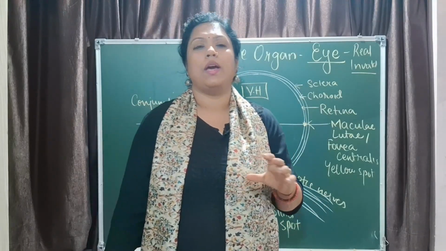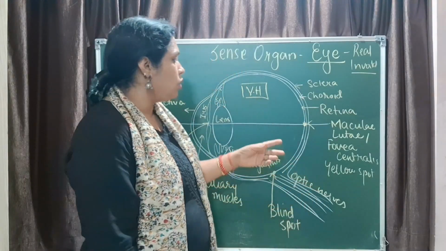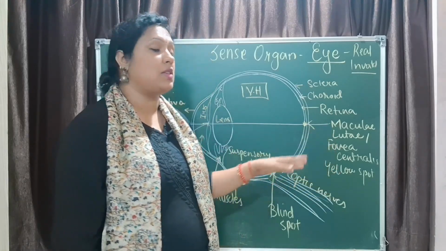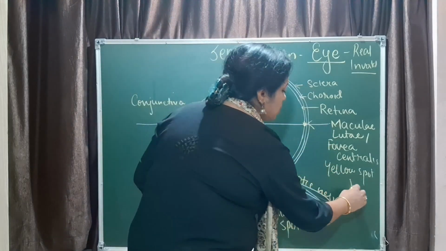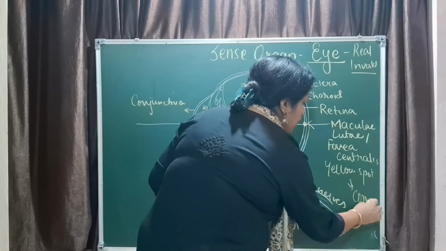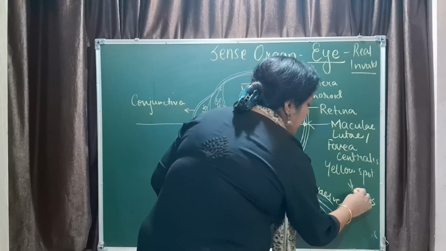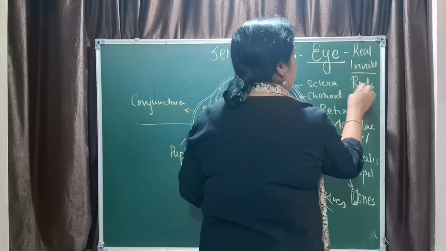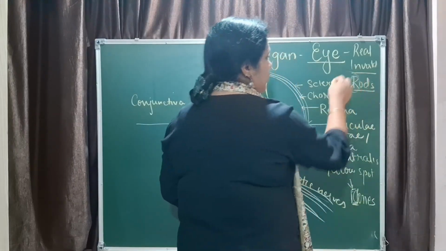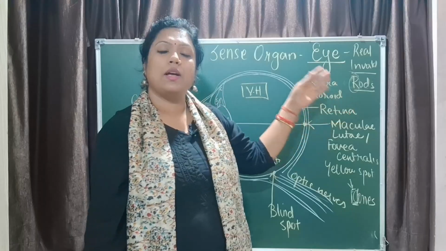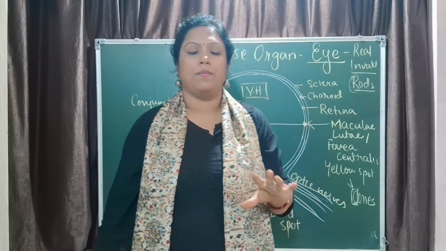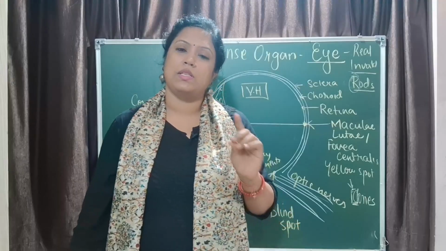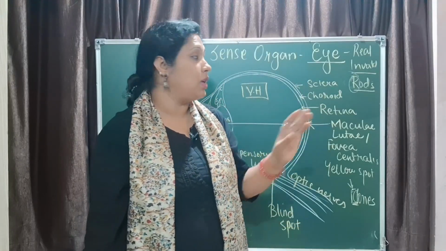Now next we have photoreceptor cells. You know that the macula lutea, fovea centralis, yellow spot is the site of maximum vision because it has the maximum concentration of cones. Cones are for color vision and rods are for dark vision, or night vision. Now rods contain a pigment called rhodopsin and cones contain a pigment called iodopsin. Please remember the names, rhodopsin and iodopsin.